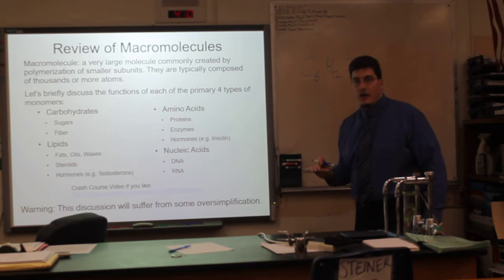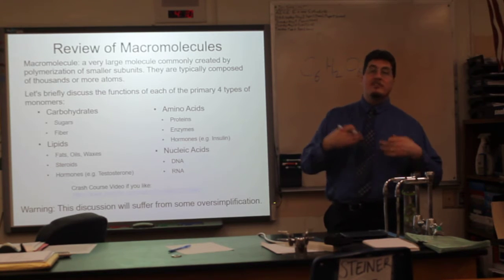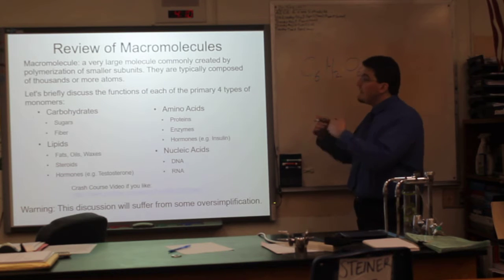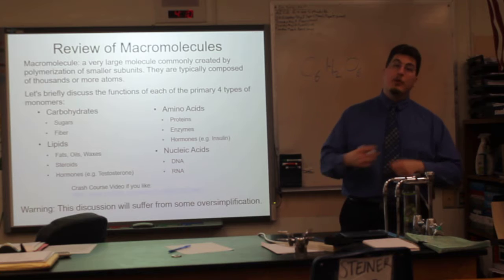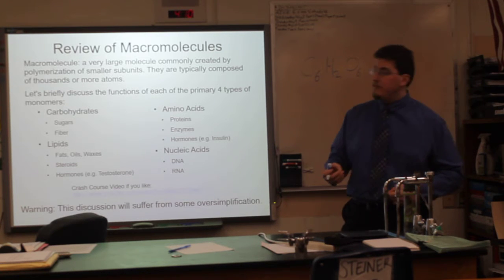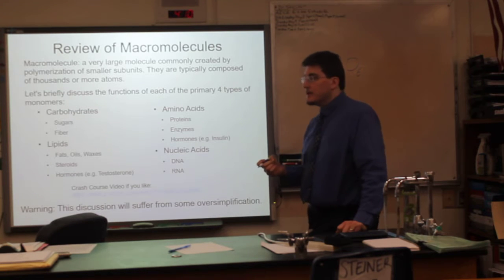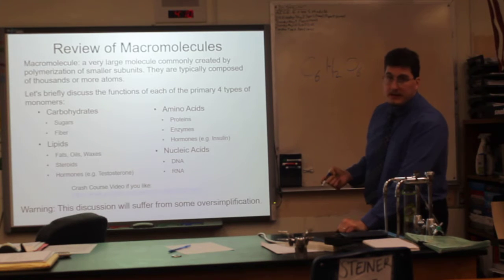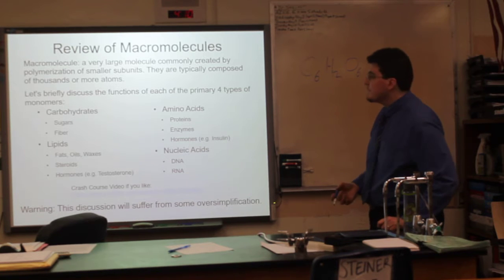Fiber is typically, when we discuss fiber, we're going to be referring to cellulose, which is a chain polymer, a single chain polymer with no branches of glucose. Beta glucose most typically. That's usually what we'll talk about when we discuss fiber.